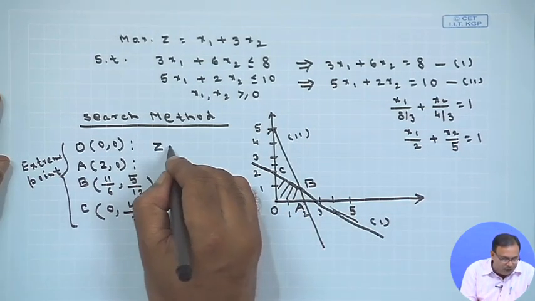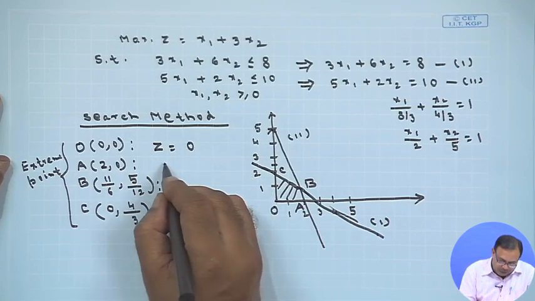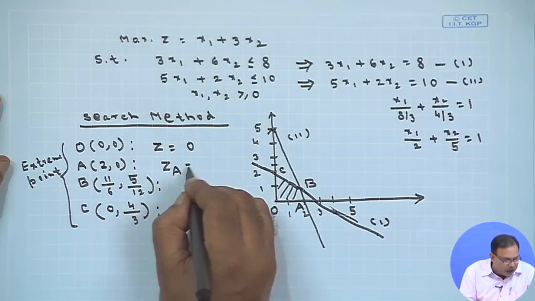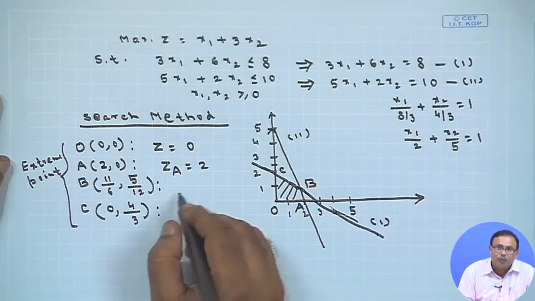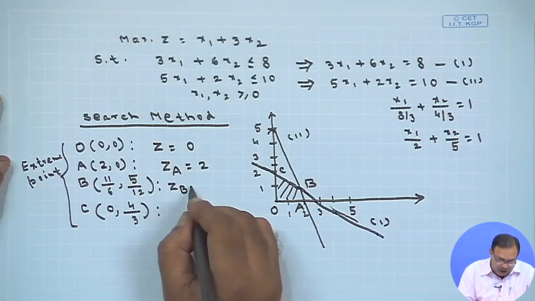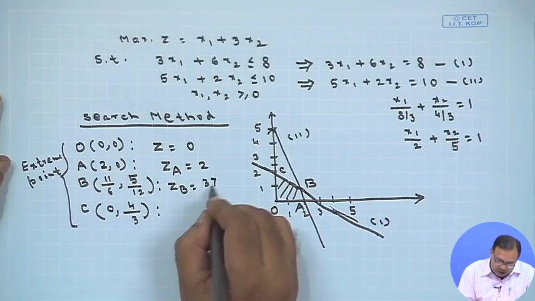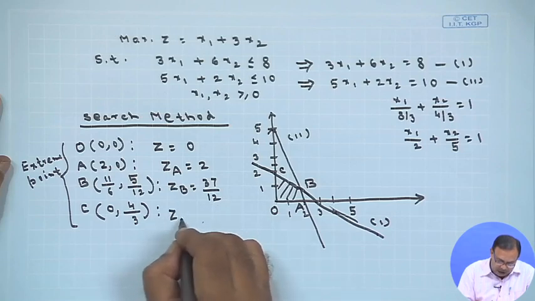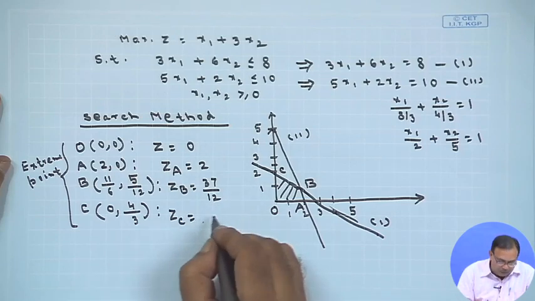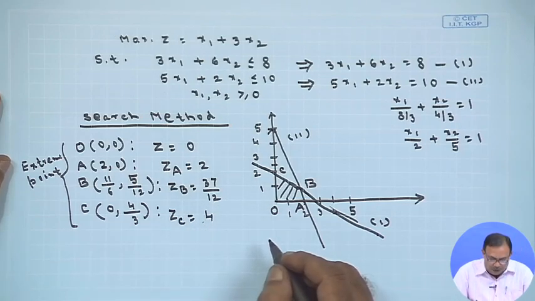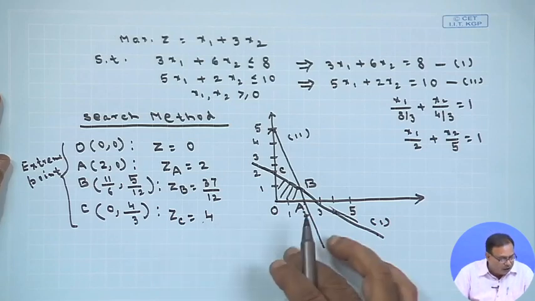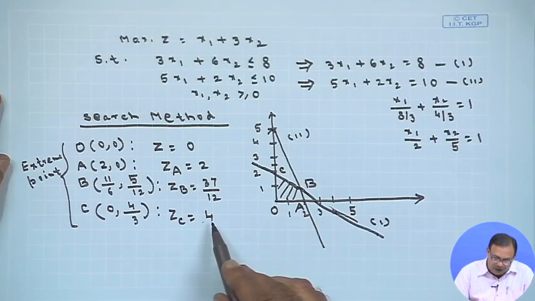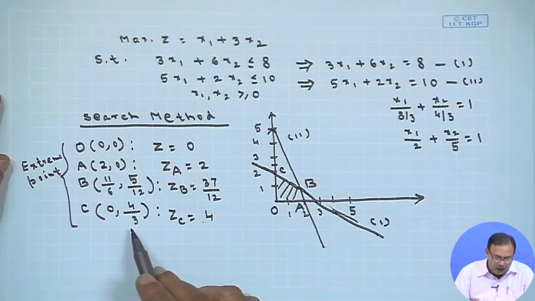At the point 0, 0, the value is 0. Your ZA, if you calculate, will become 2, your ZB will become 37 by 12, and your ZC will become 4. So from here it is quite clear that the optimum is attained at the extreme point 0, 4 by 3.